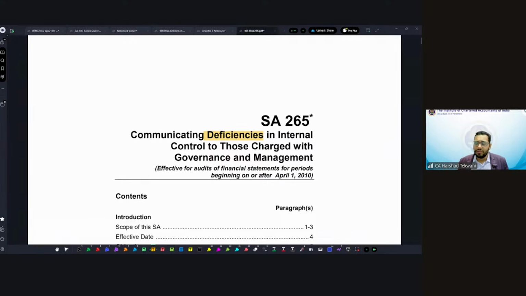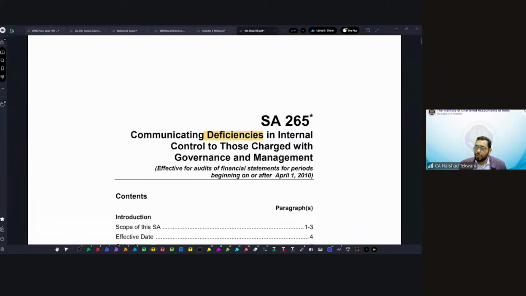So in that case, it could be a scenario where you don't have a component but still it is working fine. I hope I am clear. So deficiency could be there, could not be there, depending upon the type of the control, when it was implemented, what was the background, and all of those things.